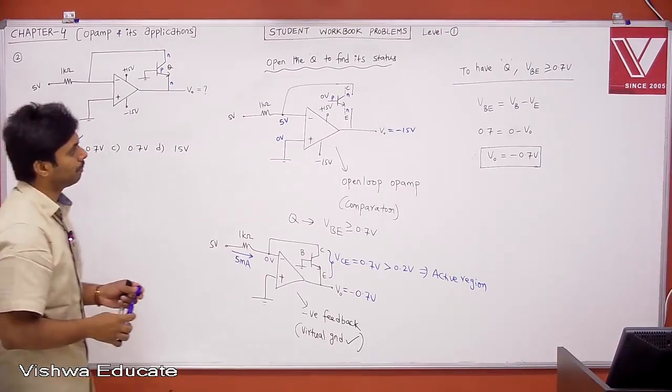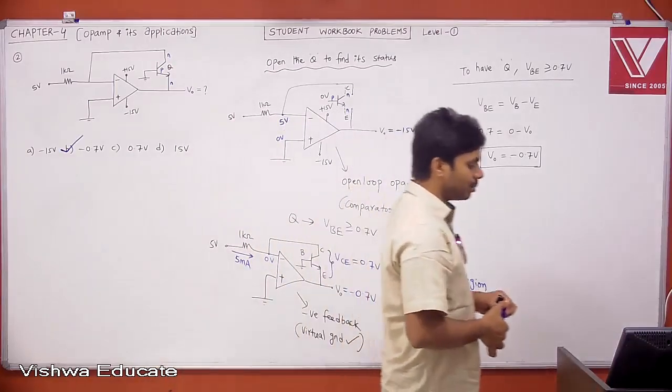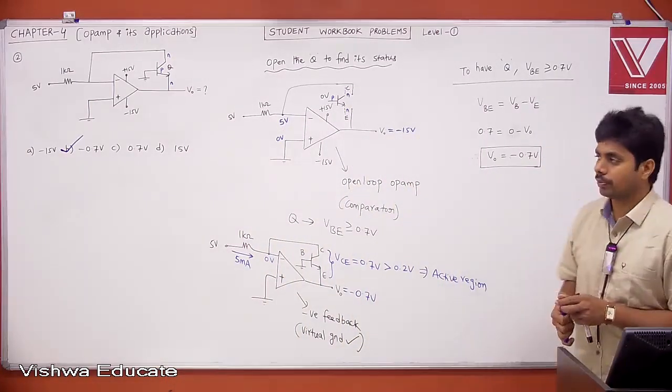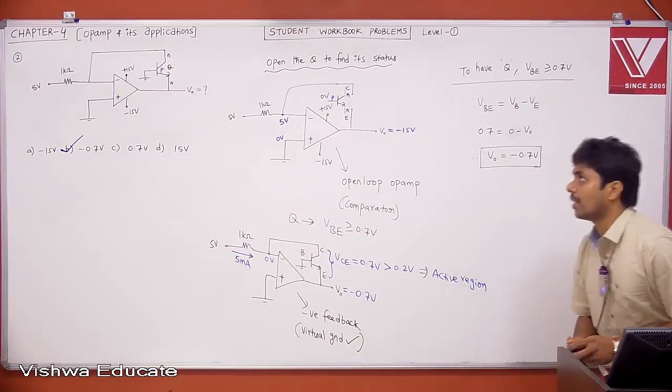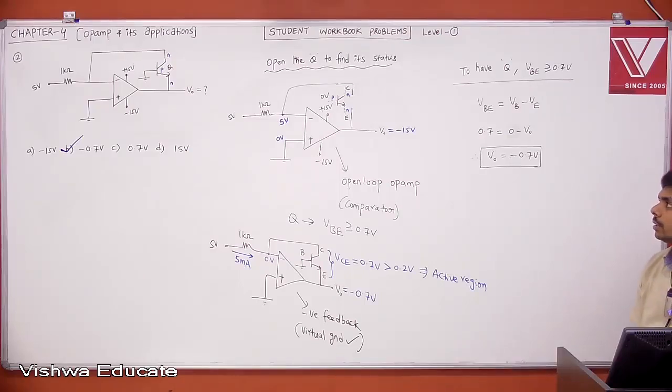Answer is B. It is similar to the PN junction diode problem. If you want to find the status of anything, open it and find the voltage across the open terminals. Based on the open terminal voltage, you will know the status. Once you know the status, you calculate the real voltages and you will get the answer.